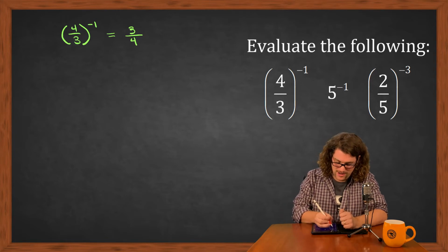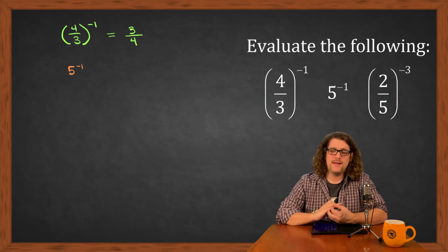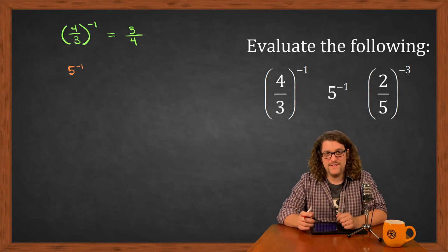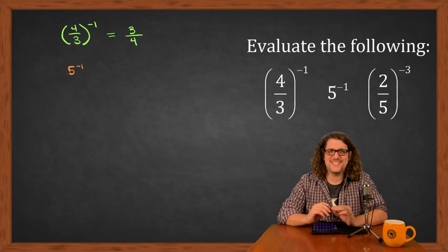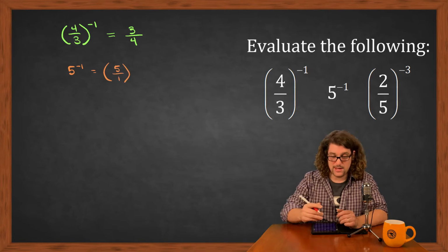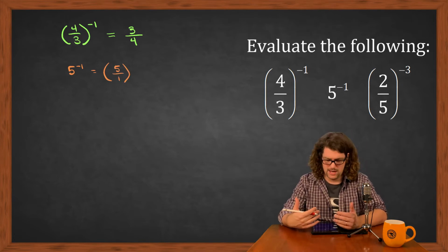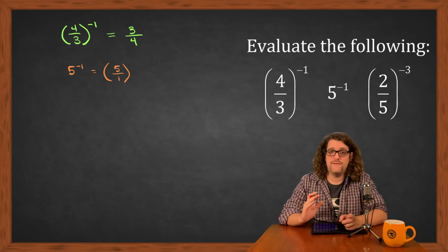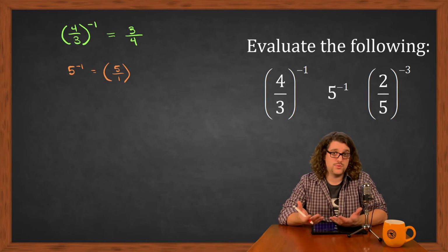All right, next up, I am going to take a value of 5 to the -1 power. Now, at the very end of my last video, I decided to talk about 2 to the -1 power, but I'm going to do 5 to the -1 here as well. This is slightly harder to see because a lot of us don't naturally see 5 as being the expression 5 divided by 1, which it can be put that way as a fraction. Of course, that makes sense because if we take 5 and divide it by the value of 1, then it leaves us with still plain old 5, which is what we have to begin with.